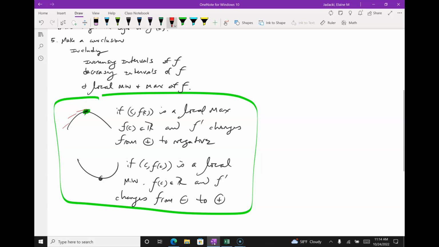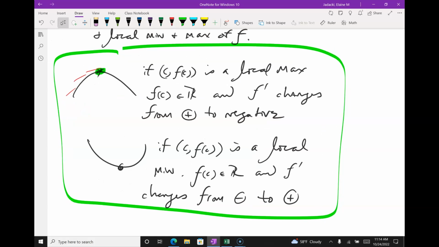When I'm working on my formula sheet for chapter 4, I want all of this on it, because the process that we're going to do is easy, but actually remembering what to do is not easy. I'm going to write this out step by step so that everyone copies it. I have two parts of my first derivative test: I'm looking for increasing or decreasing intervals of the function, and I'm looking for local min or max.